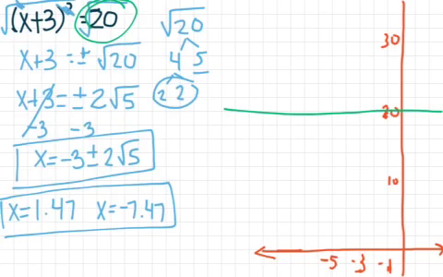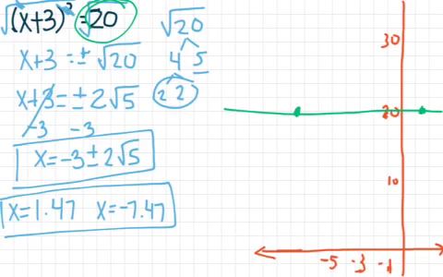So somewhere right in here, we're just going to approximate. So right in between 1 and 2. And then negative 7.47: 1, 2, 3, 4, 5, 6, 7. So right here in the middle between negative 7 and negative 8. So there are two of my ordered pairs on my parabola.